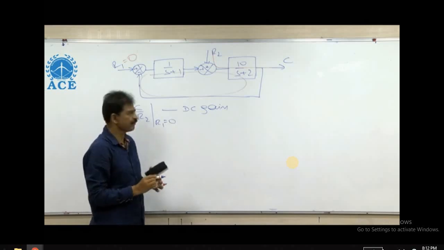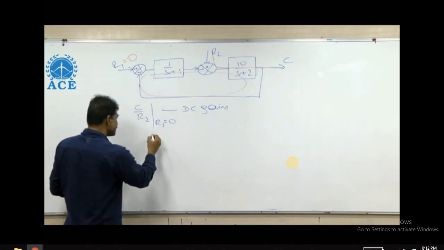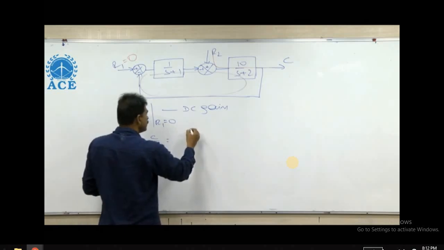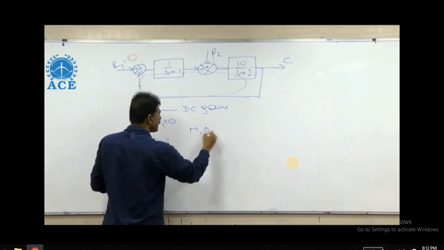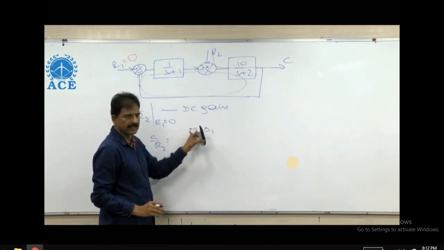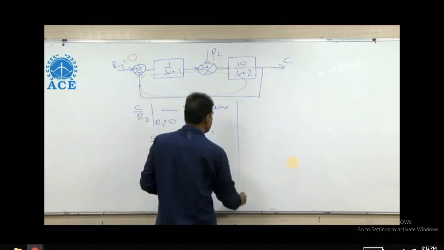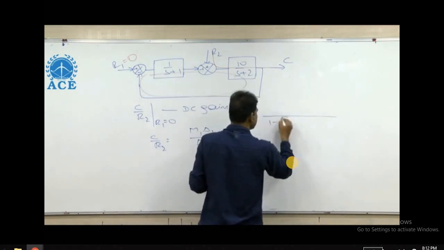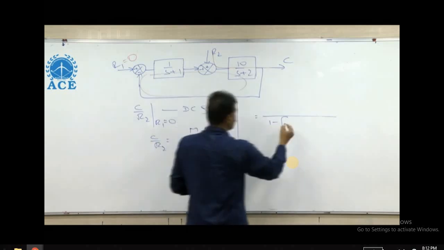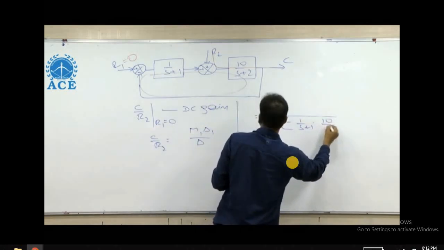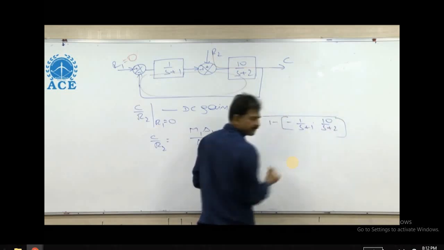Therefore, applying the Mason's gain formula, C by R2 is equal to M1 delta 1 by delta, only one forward path. Here, delta is 1 minus sum of the loop gains. There is only one loop with a negative feedback. 1 by S plus 1 into 10 by S plus 2 is the loop gain.